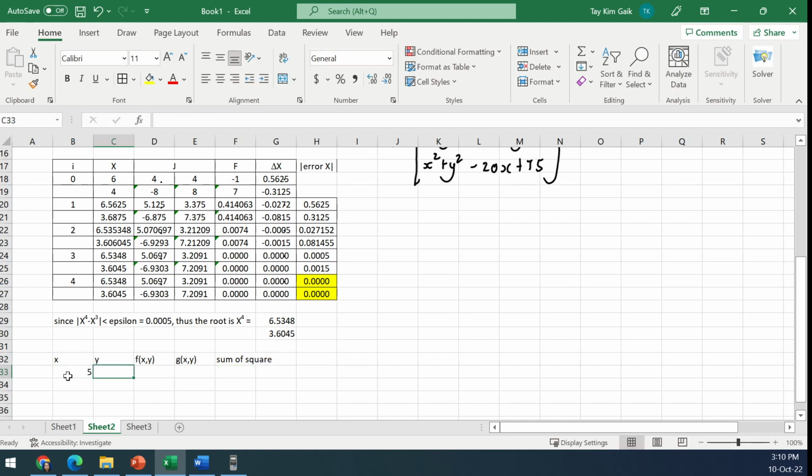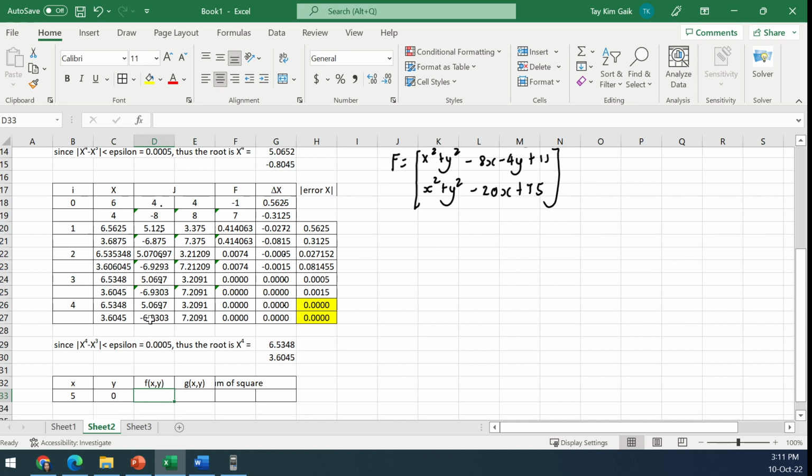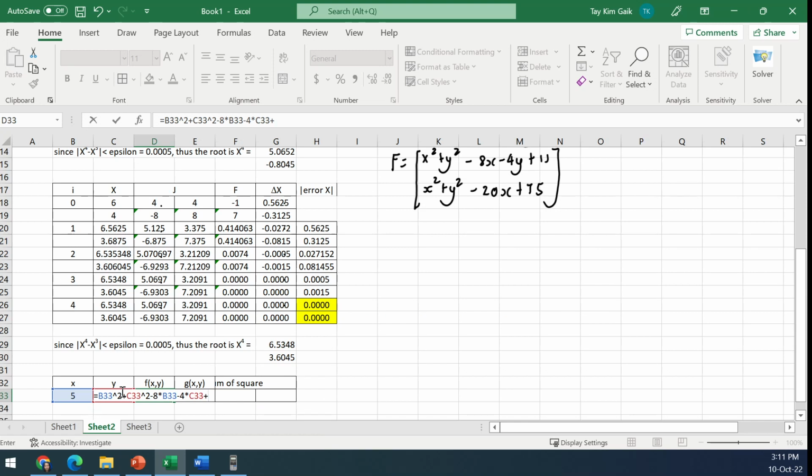Let's say we take x = 5. That's f(x, y) here, equal to x squared plus y squared minus 8 times x minus 4 times y plus 11. Sometimes the cell is blocked, so y is in C33.